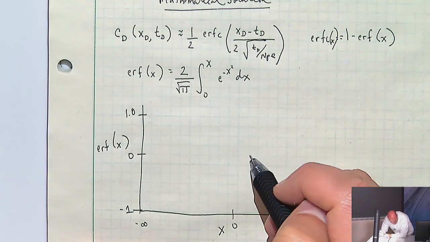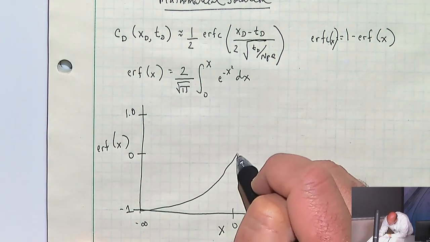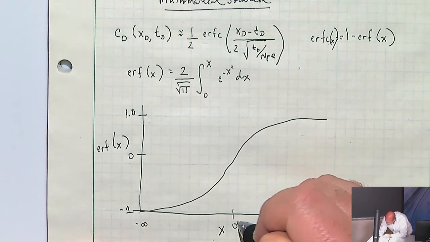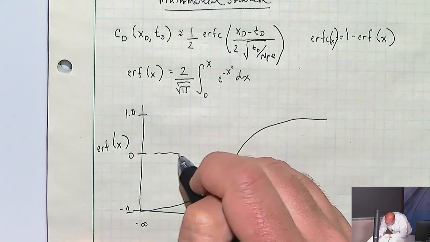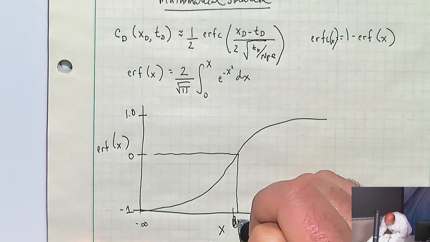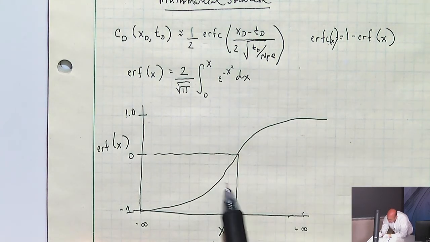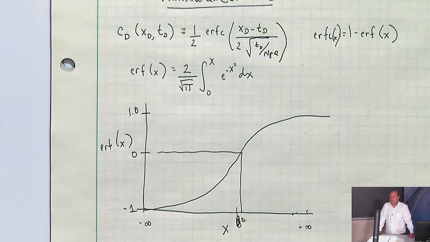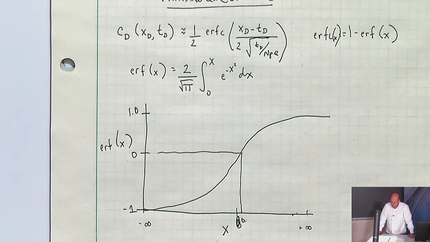Okay, then what you would get is this sine shape right there. And I should move this over here. Let's see. Yeah. So when x is 0, the error function is 0. Okay, if you want to check that, go into Google and put ERF, open parentheses, 0, close, and I bet that something will come up and says 0. Or you could do that on Excel or something.